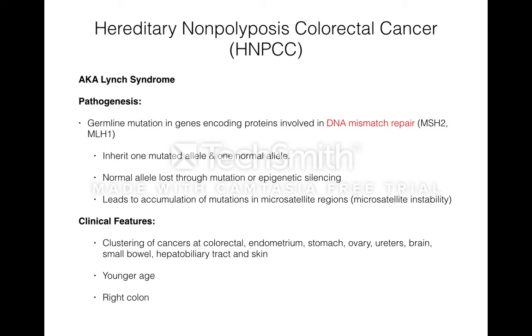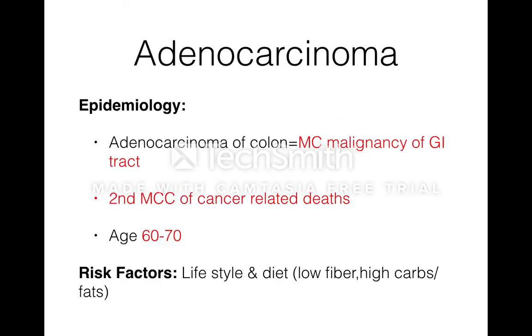Colonic cancers also tend to be right-sided in patients with HNPCC. So colonic adenocarcinoma is the most common malignancy of the GI tract and is the second most common cause of cancer-related deaths. It typically presents in people aged 60 to 70, and risk factors include a diet low in fiber and high in fats and carbs.